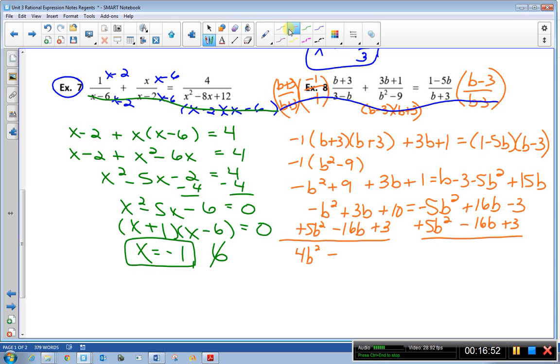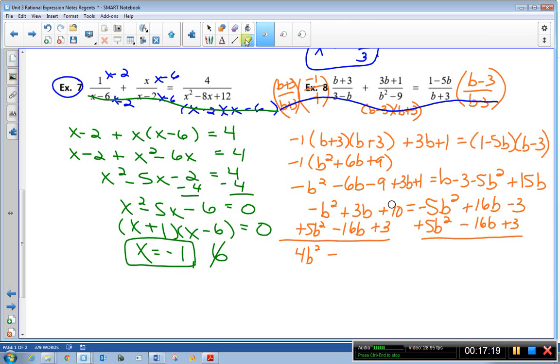Oh, wait a minute, I screwed up here. Hold on. B plus 3 times b plus 3. This is not correct. Okay, hold on. So this becomes b squared plus 6b plus 9, which is negative b squared minus 6b minus 9 plus 3b plus 1.